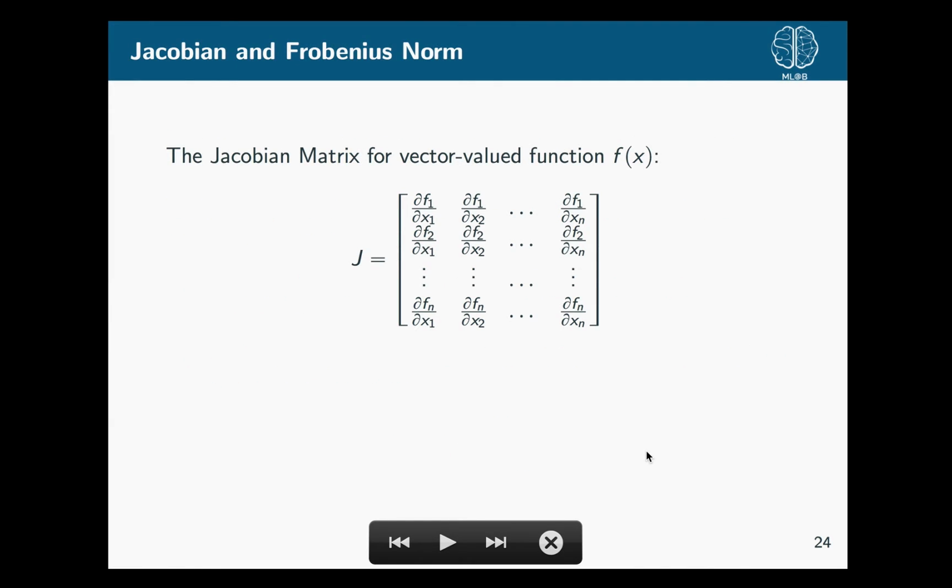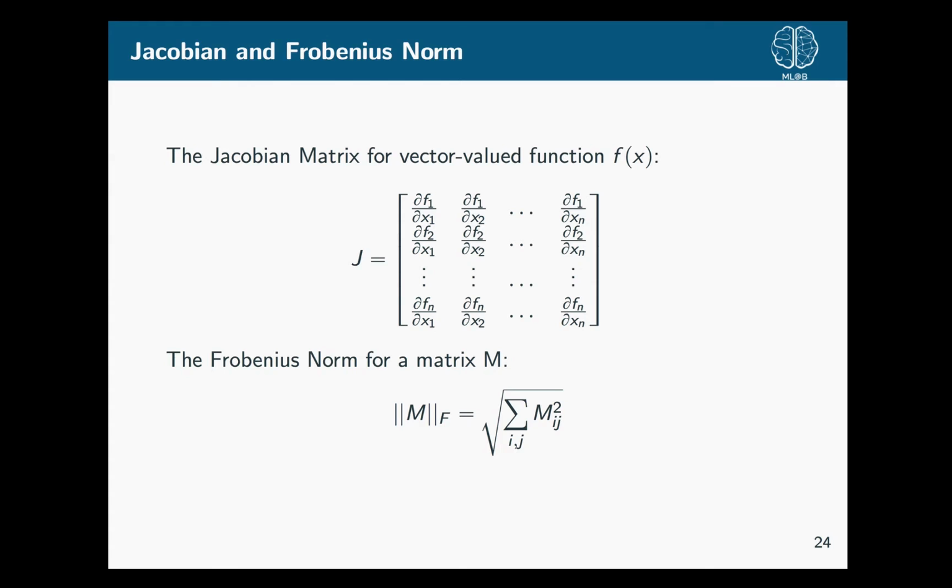The Jacobian matrix is basically just a matrix of all the different derivatives with respect to all the different input directions. And a Frobenius norm is just an extension of the L2 norm to matrices. So now what you'd be doing is taking the Frobenius norm of the Jacobian matrix, right?